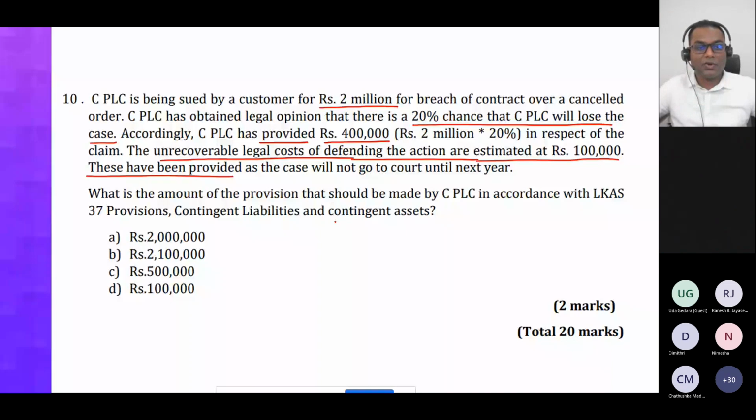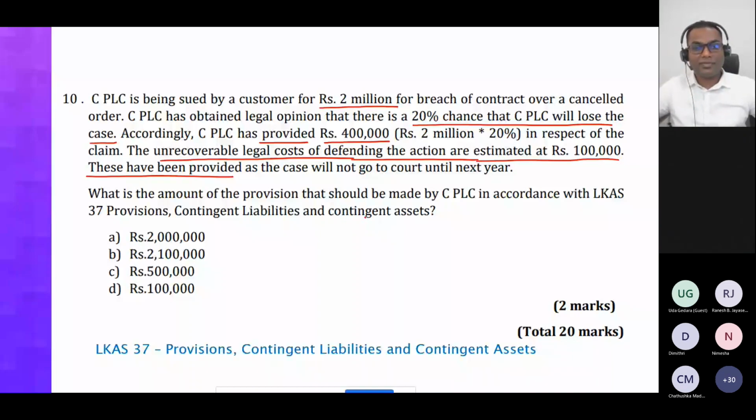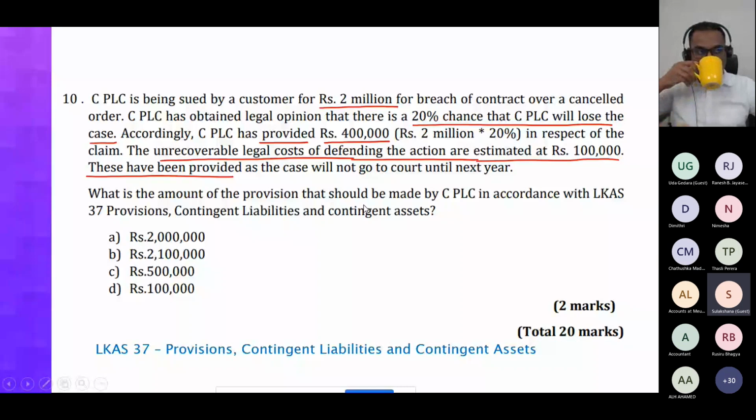How much is the provision that you need to make as per LKS 37? Obviously, the standard is LKS 37. What do you say? What is the answer? Can anyone tell me? A, B, C, or D? What do you say?